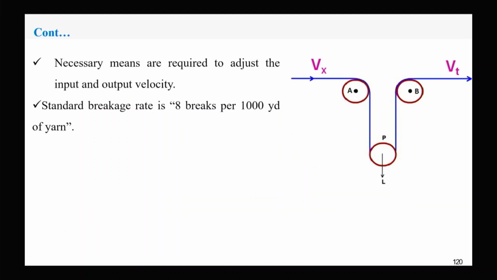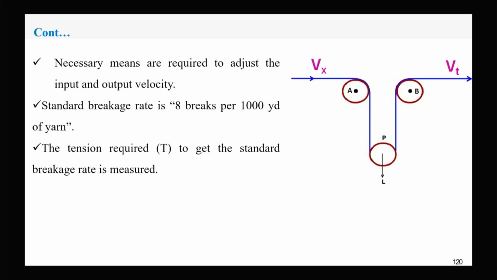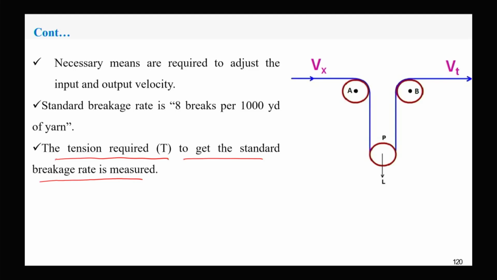The tension required, T, to get the standard breakage rate is measured as we have discussed, for yarn 1 and yarn 2, with that example.